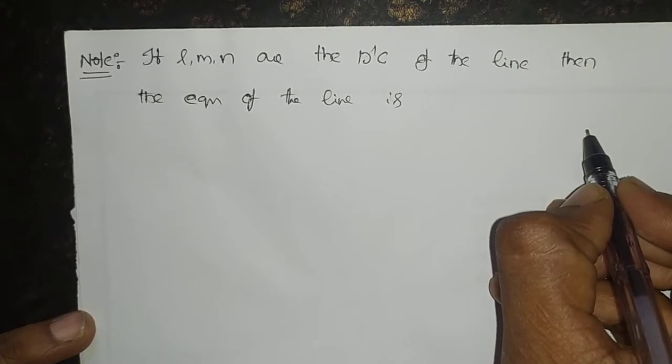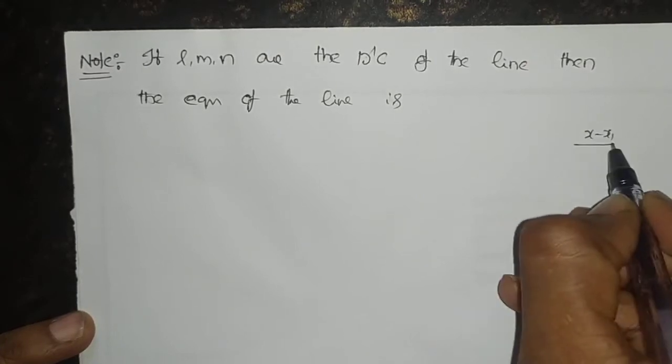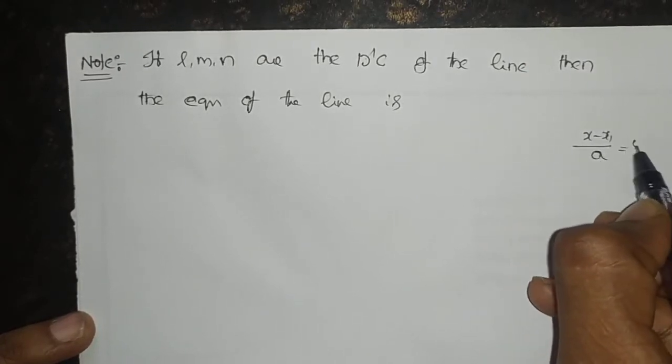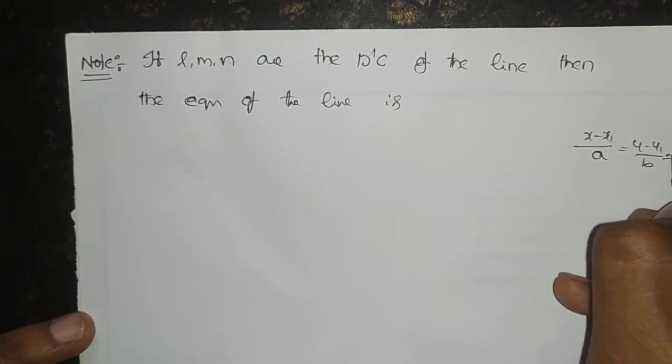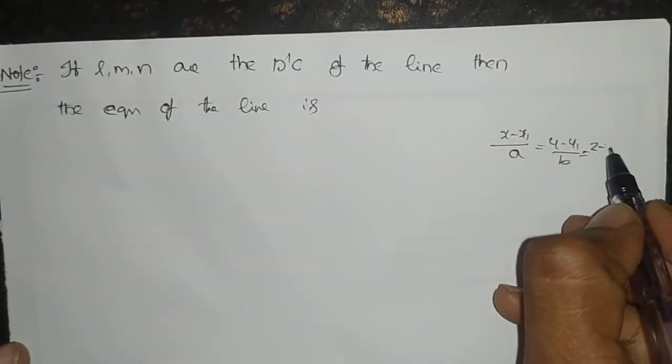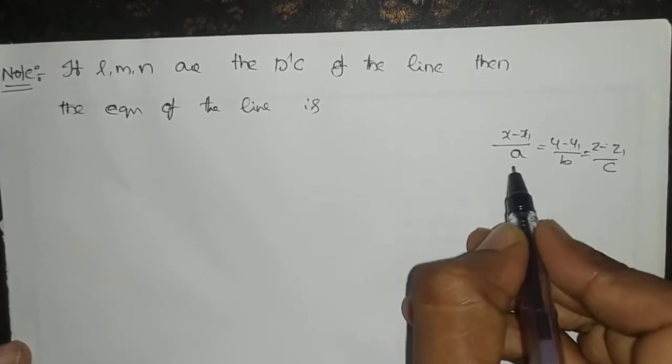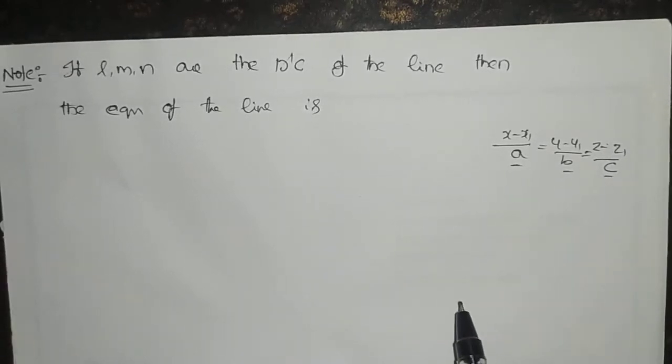In Cartesian form, we have the equation of a line, that is (x minus x1) by a, (y minus y1) by b, (z minus z1) by c. Here a, b, c are the direction ratios.